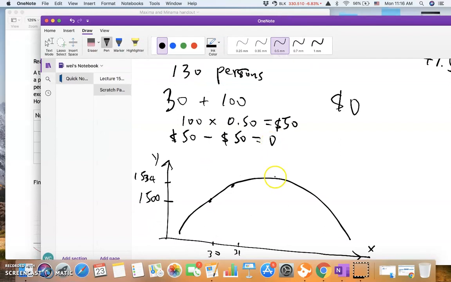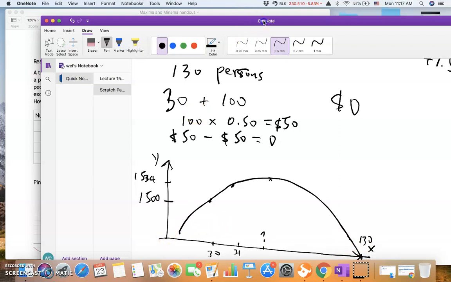So the revenue will achieve the maximum at this number. But after this number, the revenue will start going down. And when there are 130 people, the revenue is 0.